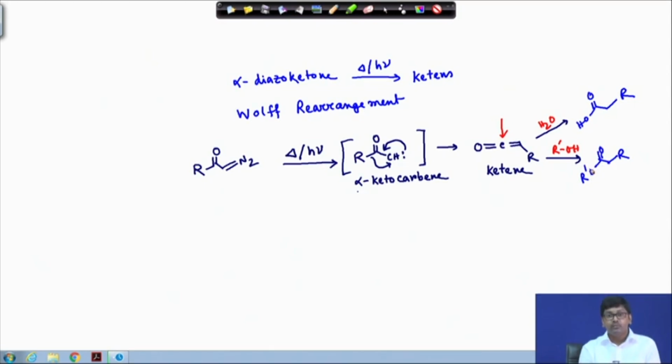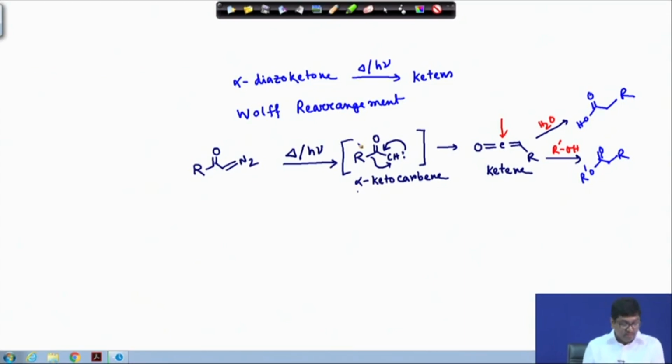So, in this way we can generate the ketene from the alpha diazoketone, and after generation, the ketene can proceed to carboxylic acids or esters. This particular rearrangement, where a ketene is forming, is called the Wolff rearrangement.